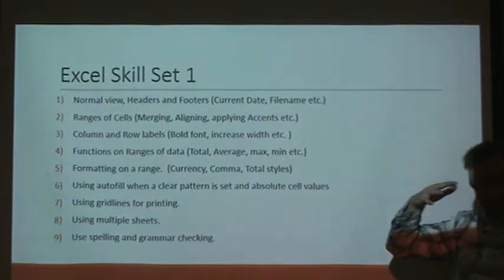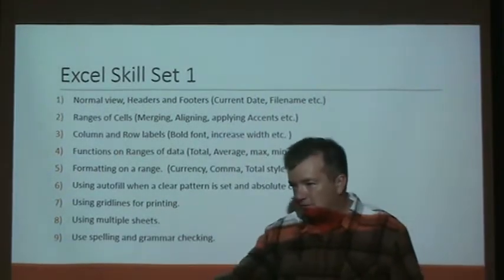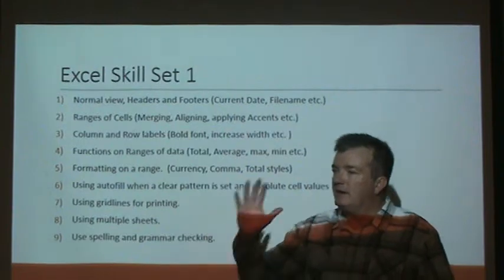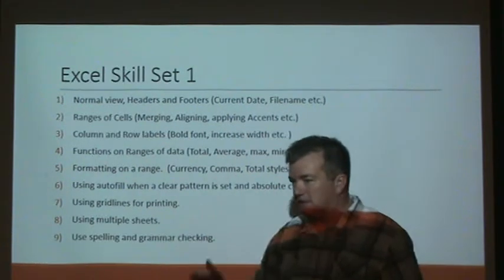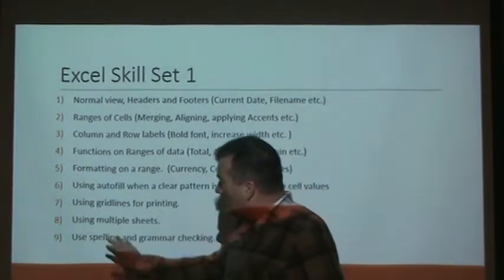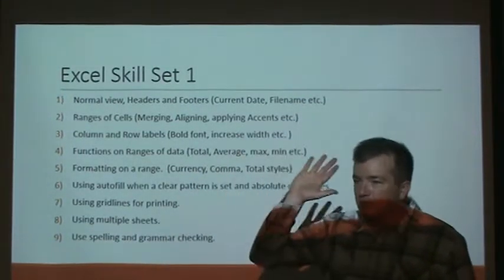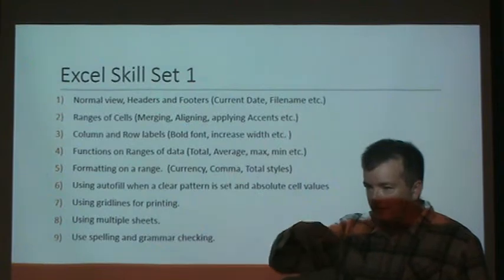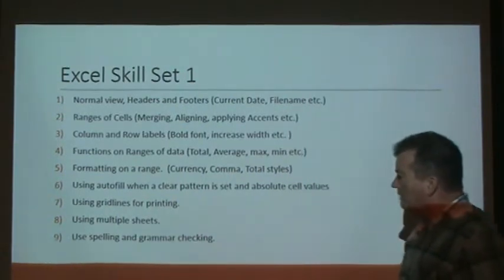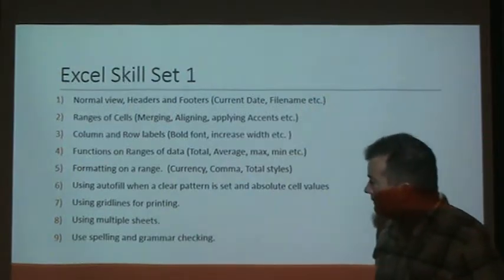So we have this enormous spreadsheet, we want to send it to the printer. Well, it can't print the whole thing. It'll break it up into pages, and we can see how the pages are going to be broken up. Unlike Word, Excel has multiple sheets inside of one file. And just like Word, we can do spelling and grammar checking.